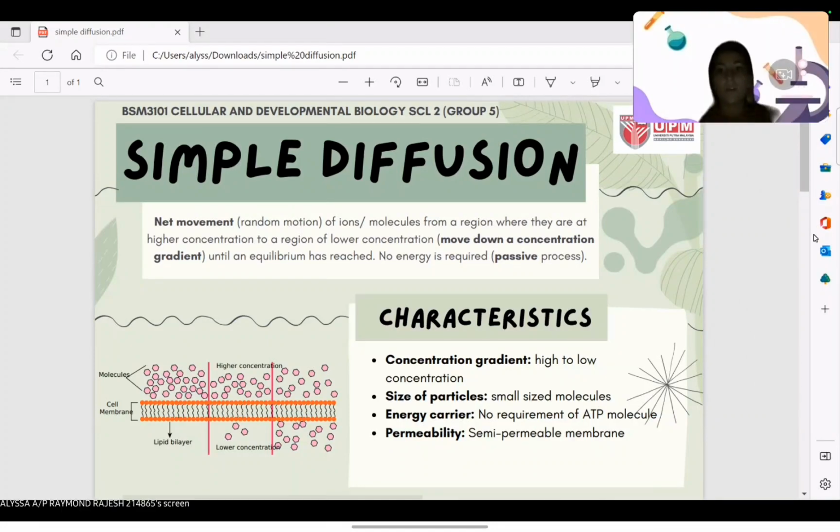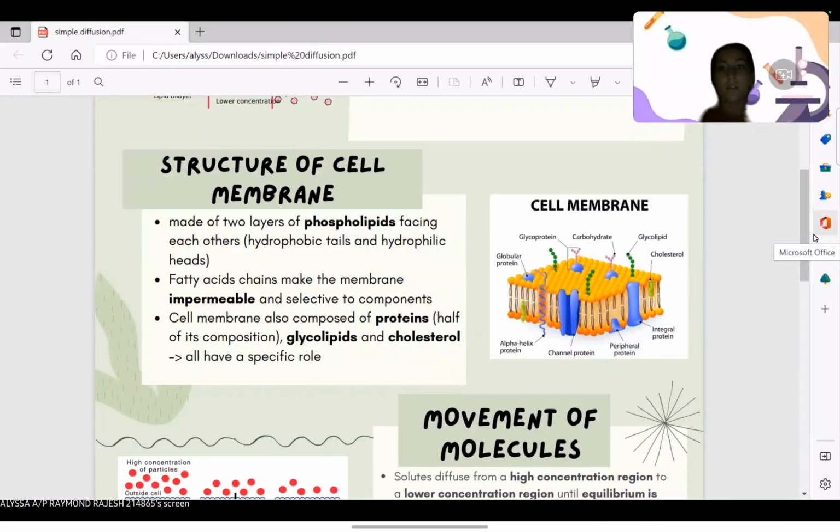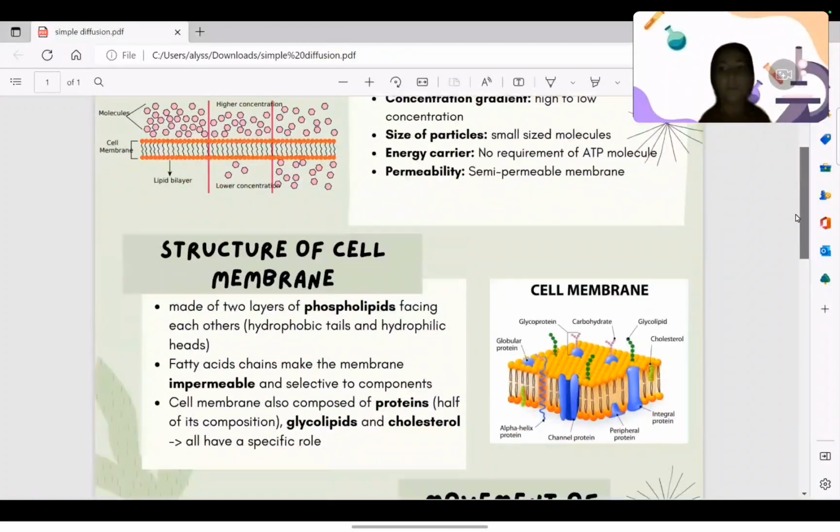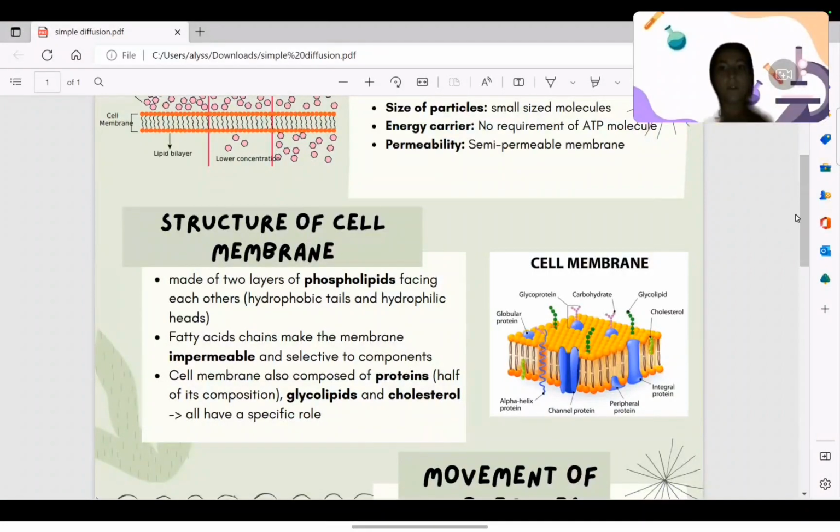Okay, so now I'm going to give details about the cell membrane structure where simple diffusion occurs. So first, the plasma membrane acts as a barrier between the inner and outer environment of a cell in animals. It is made up of two layers that are composed of four major phospholipids asymmetrically distributed through the cell membrane. These phospholipids are arranged in a manner that their head regions, which are hydrophilic, face the external environment as well as the internal cytosolic environment.